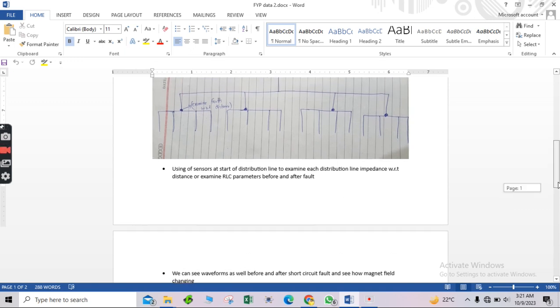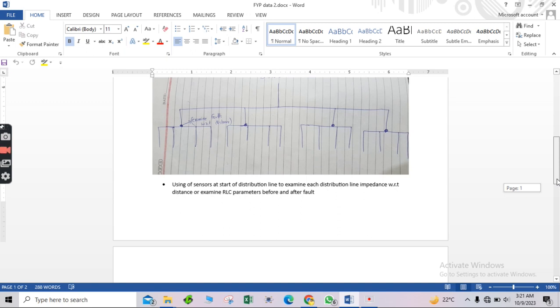We will make this distribution line and use different parameters. Here we can use different sensors that will first measure the impedance or RLC parameters. For example, when there is no short circuit, the current is constant and voltage is 0.